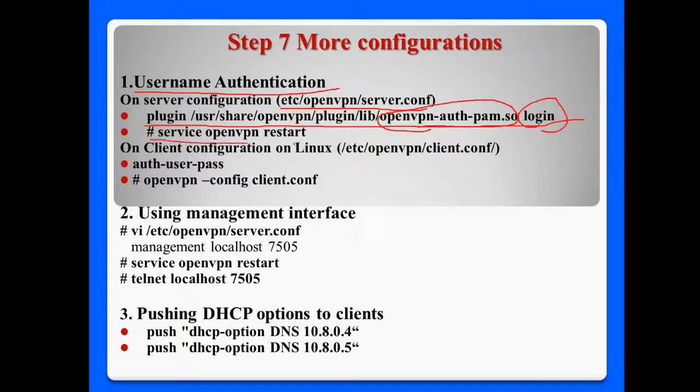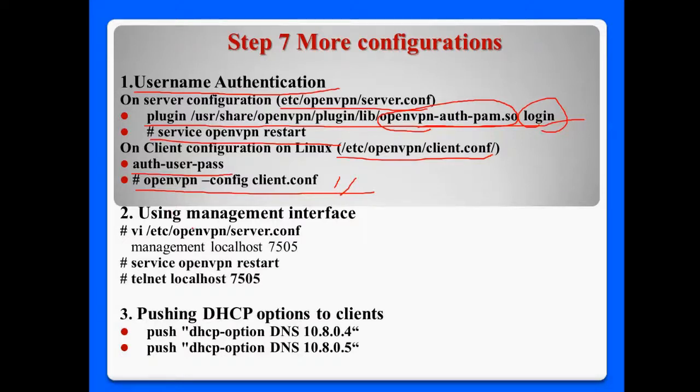After that, restart OpenVPN. In the client system, we need to add this line, auth-user-pass, like this. After that, the client can also start like this. The OpenVPN client will request the ID and password.